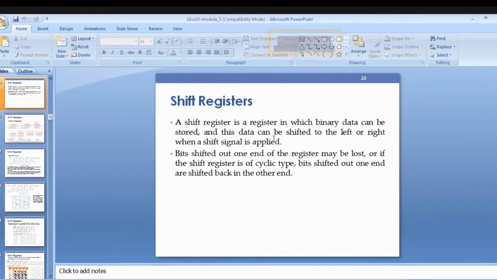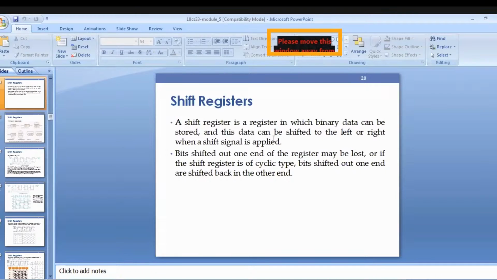If I wanted to display your name or your college, for example VVIT Bangalore, you have to keep on shifting the register to display it.